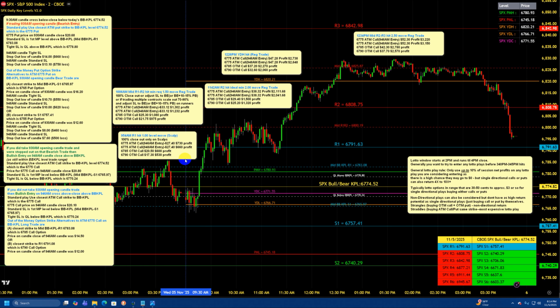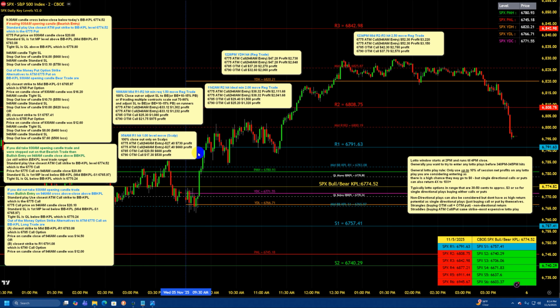So if you did not take this trade, then your first trade opportunity would be this candle here. This is the 9:46 a.m. candle, because we have a break up, close, cross above, close above the bull bear KPL, and it's still within range of the bull bear KPL.